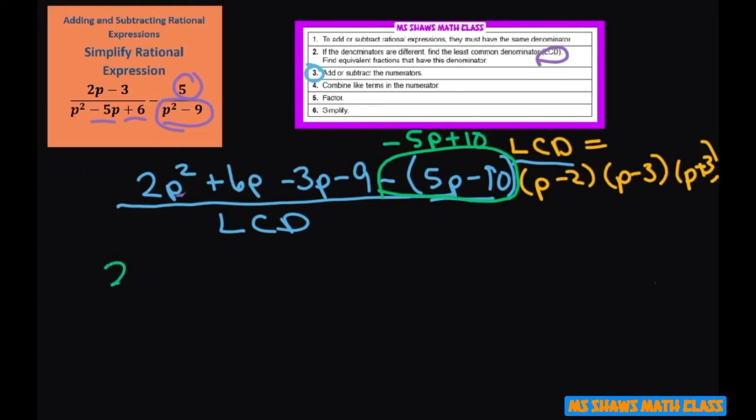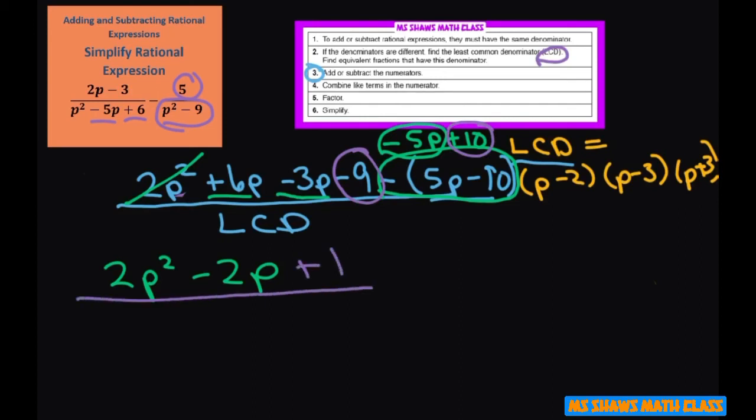So we have 2p squared. Now the p's: 6p minus 3p minus 5p, and that's going to give me negative 2p. We also have negative 9 plus 10, which is plus 1.